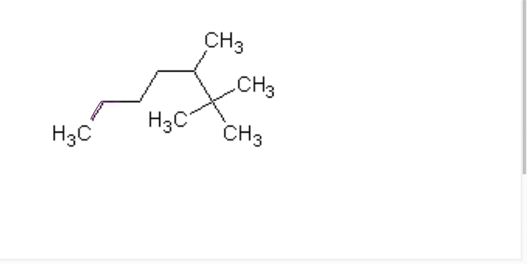This is a long chain. And this is a carbon in that intersection. So what's it called? Not 2, 2, 3, trimethylheptene. Oh, shoot, heptane. 2, 2, 3, trimethylheptane.